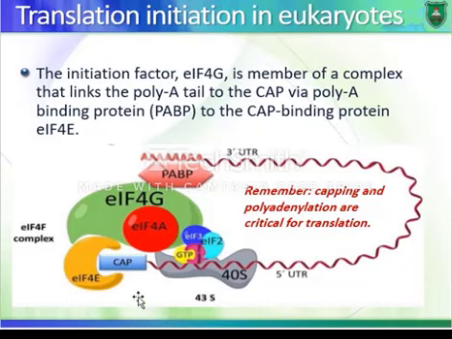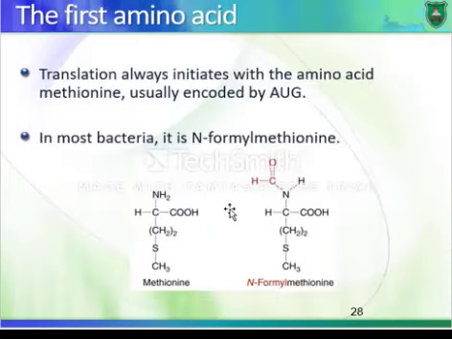So it is kind of bridging between the 5' and the 3' ends of the messenger RNA. And this complex is very important for the translation initiation in the eukaryotic cells.